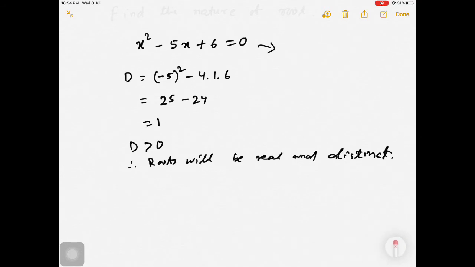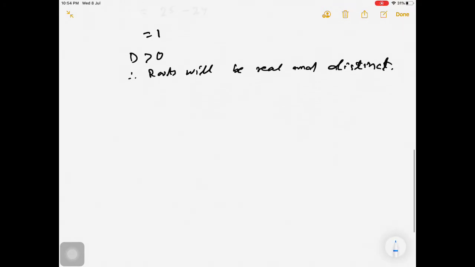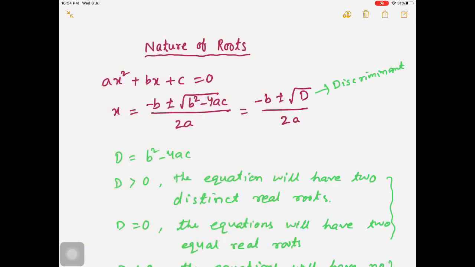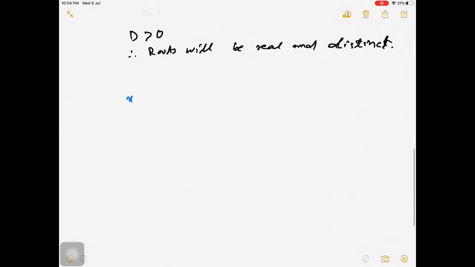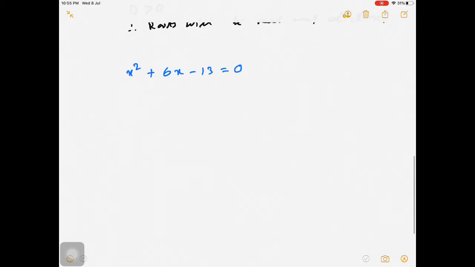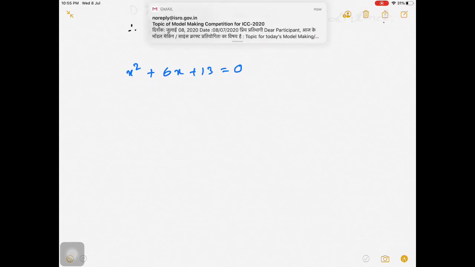Now let's take another example. Suppose the equation is x square plus 6x plus 13 equal to 0.